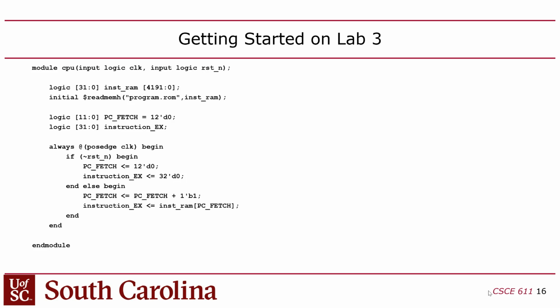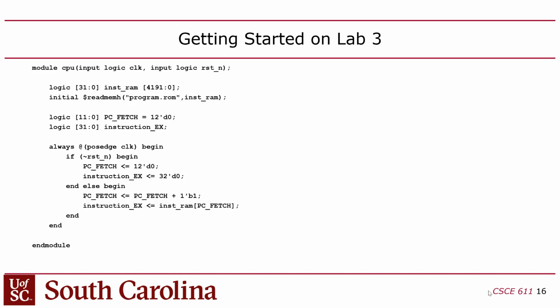So that's going to make it easier to debug. Likewise, we're going to have instruction underscore EX, which is the instruction that's in the EX stage at that time. So that way, when you look at a moment in time, you'll see the program counter of the instruction being fetched and the instruction value of the instruction being executed. That's what those suffixes mean.